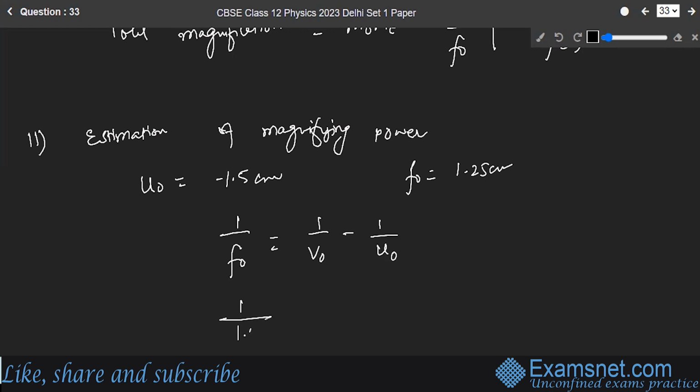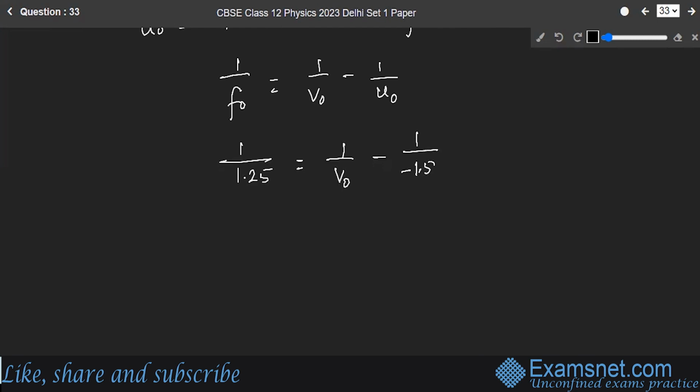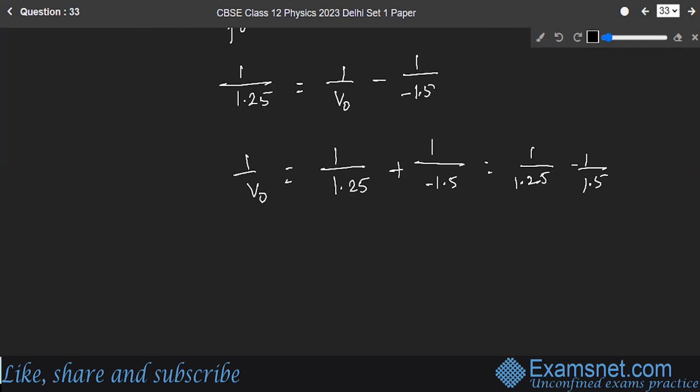So 1 upon 1.25 is equal to 1 upon v_o minus 1 upon minus 1.5, or here you will have 1 upon v_o is equal to 1 upon 1.25 plus 1 upon minus 1.5. This is equal to this. So on solving this, you will get v_o is equal to 7.5 centimeter.